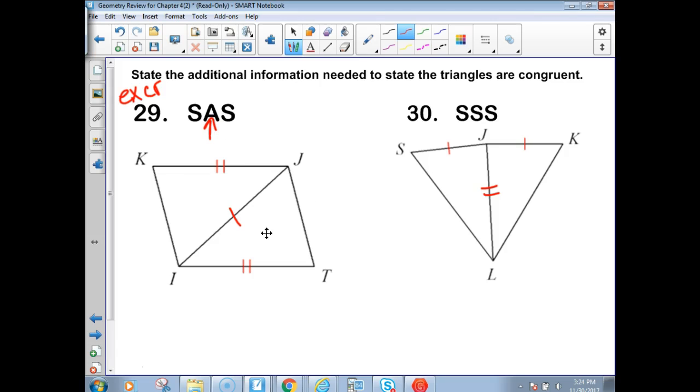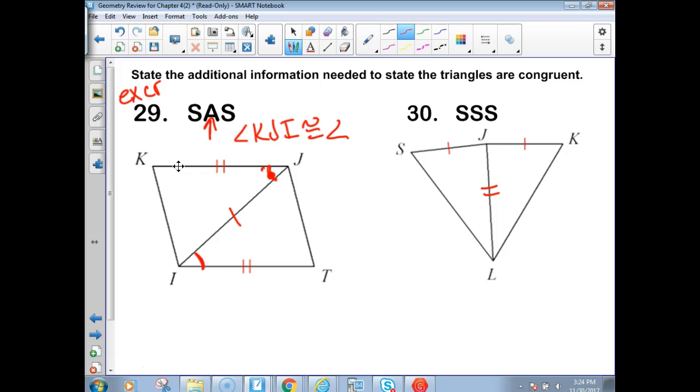You've got to look at the picture and say, well, would it be over here? No. Is that between these two things? So it's got to be up here, right? See what I'm saying? We would want that angle to be congruent to the one down here. So we've got to name them. It'd be angle, let's try K, J, I, would need to be congruent.